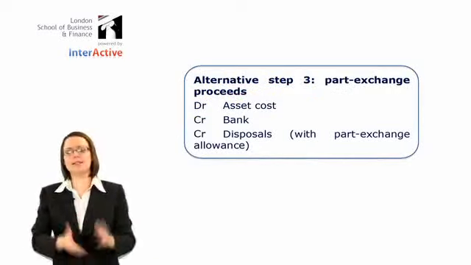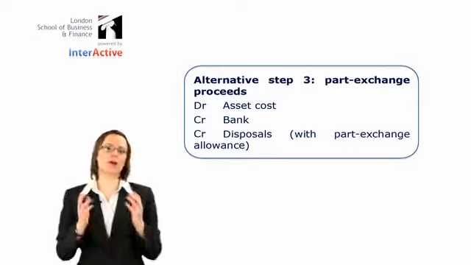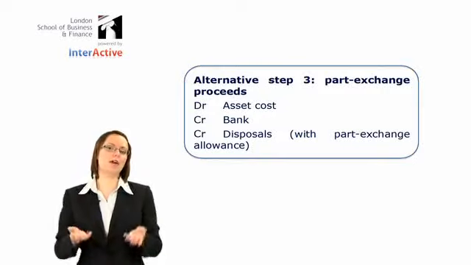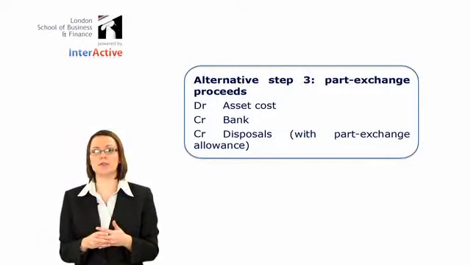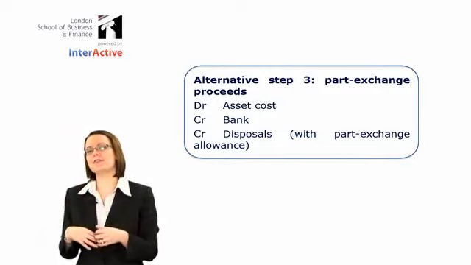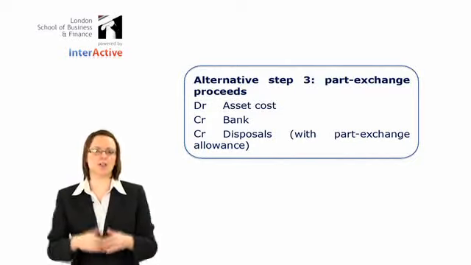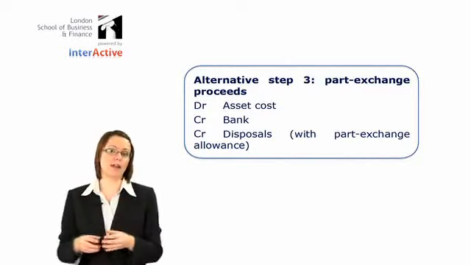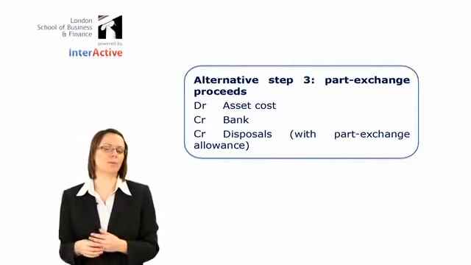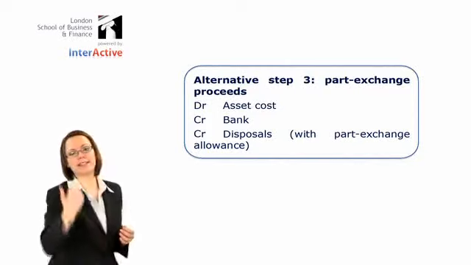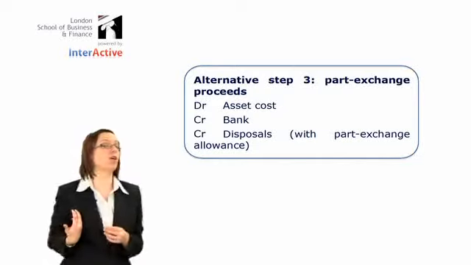So, if I'm selling my old vehicle to a car dealership and I'm receiving a new vehicle in return, well, usually I'd receive that vehicle in return at a slightly discounted price to reflect the fact that they've now got my old asset, my old vehicle. Now, what I'm receiving in return in this case is not cash.